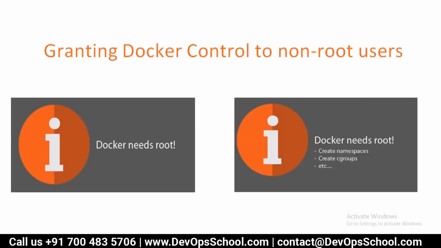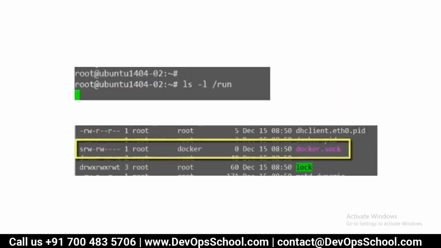So Docker needs root. But if you are not the root user, there is one group called docker in the system where you install the Docker Engine. You just add the normal user to that group called docker, and it is possible.